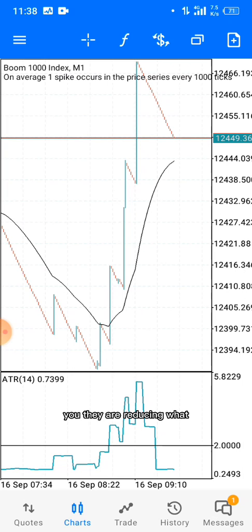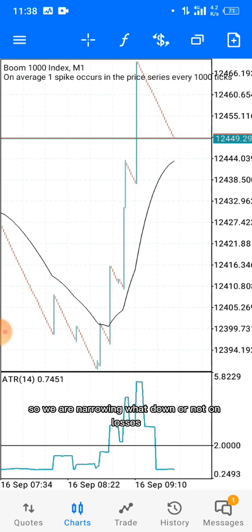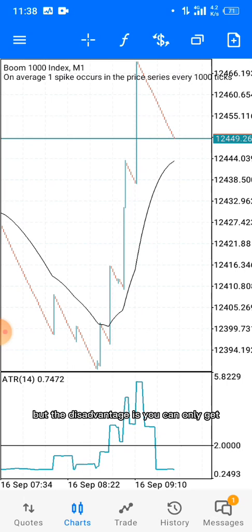Then for the conservative entry, the advantage is that you are reducing the chances of losses. We are narrowing down on losses, but the disadvantage is you won't get an entry each and every time. You may get even 3 or 5 entries a day, which means you have to risk more in order to get more profit.